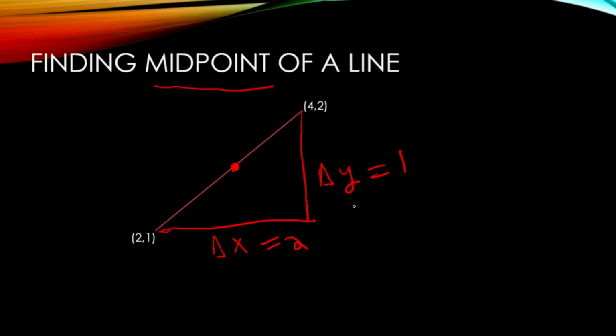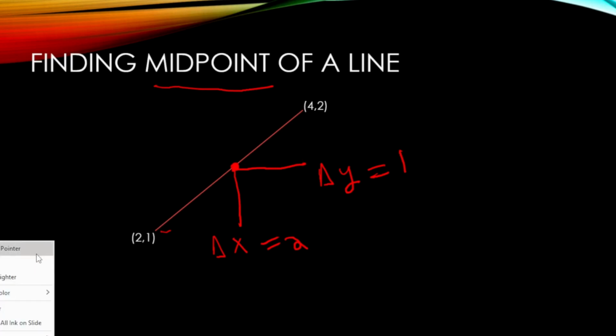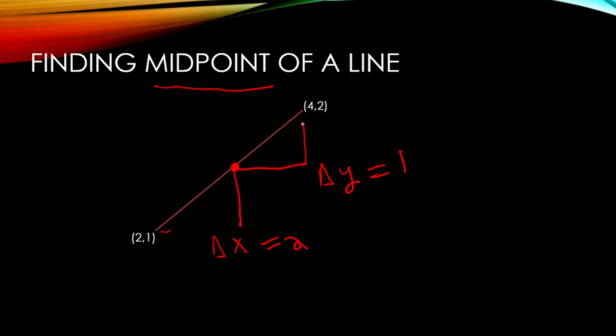As you know, the midpoint should divide the line equally into two parts. So what you can understand from this is that there will be two more triangles like this and like this, which are equivalent. Let me just erase for a second. Something like this.